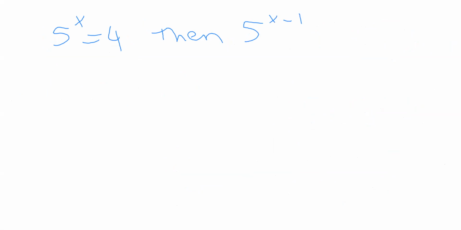Okay, then the idea here is a bit different. What is the idea here? 5 power x. I want to make the bases equal. Can I make it 5 by anything? No, 4 can't, it's impossible. So what I will do is think of this one as 5 power x times 5 power negative 1, right or wrong?